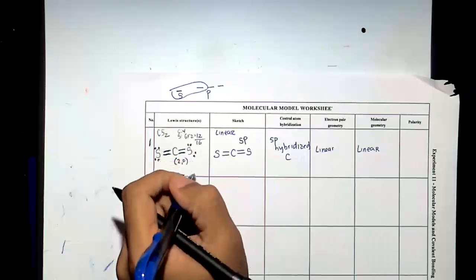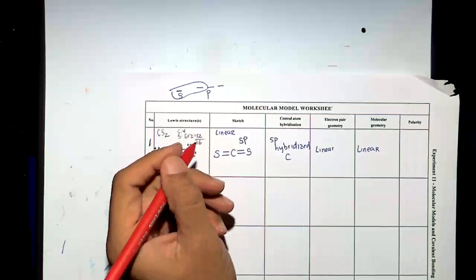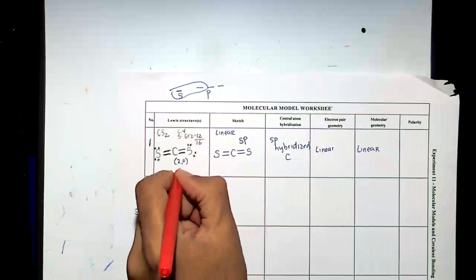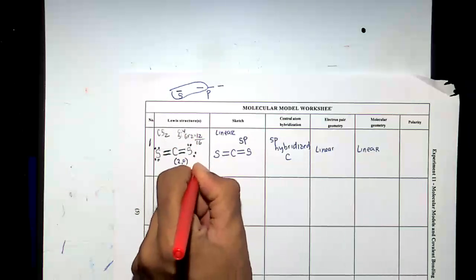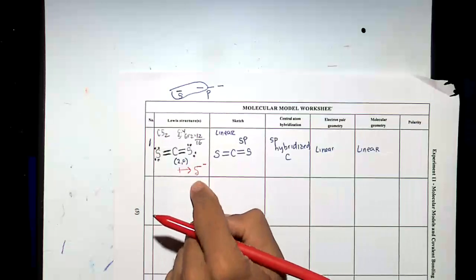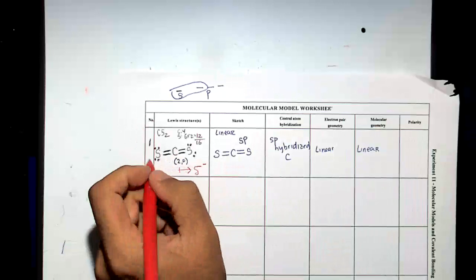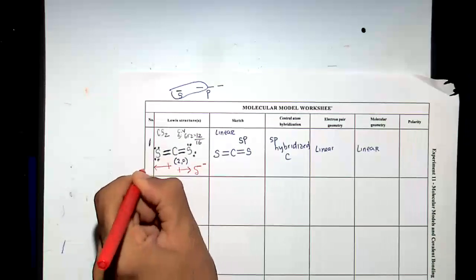I didn't go over polarity, but I'll go over it in lecture. This sulfur is electronegative, so it pulls this side, making it partial negative. That is the Greek symbol delta. The same thing is true of this sulfur on the other side.